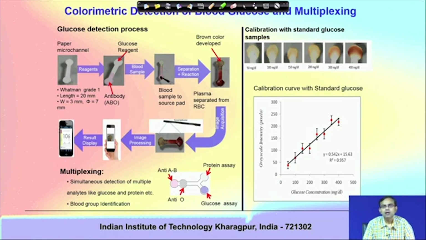The normal fasting value is typically less than 120 milligram per deciliter. So, 400 is quite high.